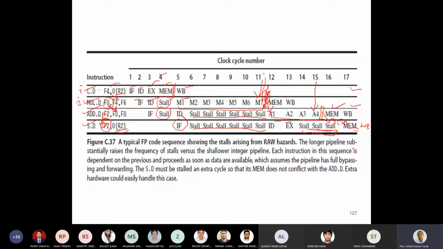Now here, the load instruction is not using memory in clock cycle 16. This was shown to indicate that the instruction that was issued first will complete first. So here it says that in clock cycle 16, the add instruction is in the memory stage, but it's not using the memory. Add does not use the memory.